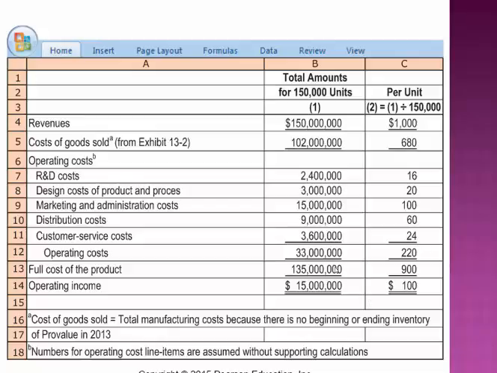All right, so our full cost of the product is actually $900 per unit, not just $680. Okay, we are ignoring taxes, etc., etc. Let's just look at our operating income and operating cost in addition to cost of goods on those items.